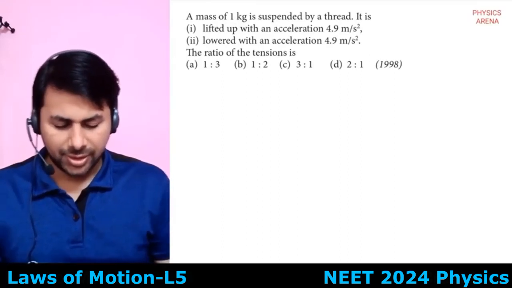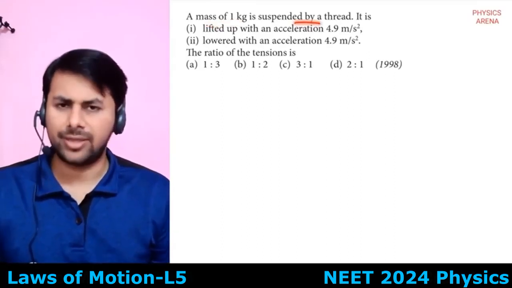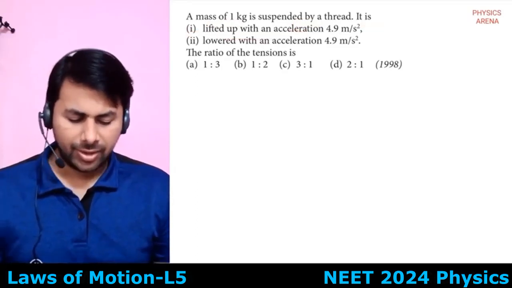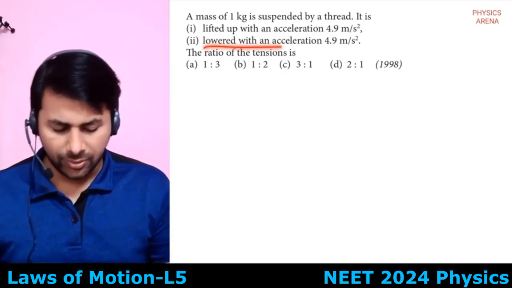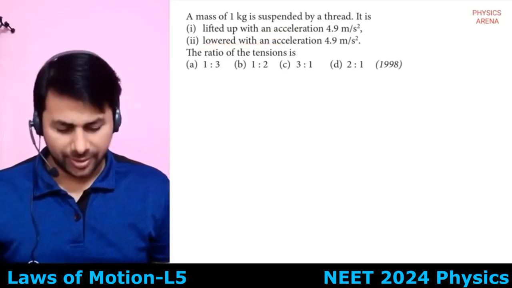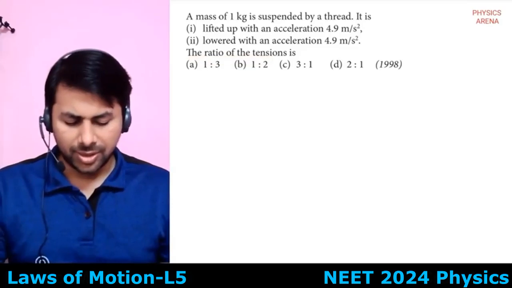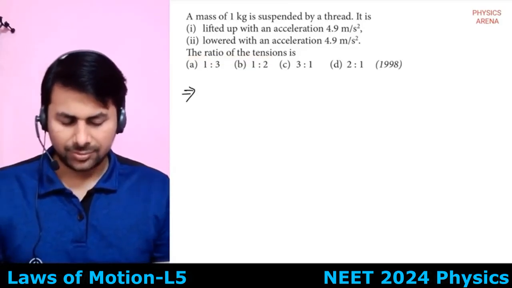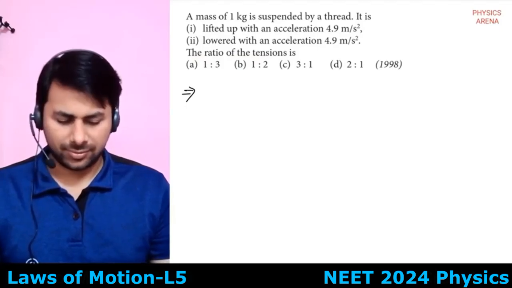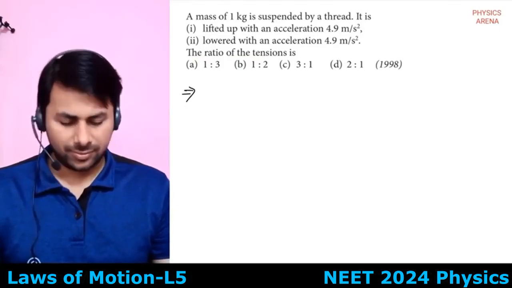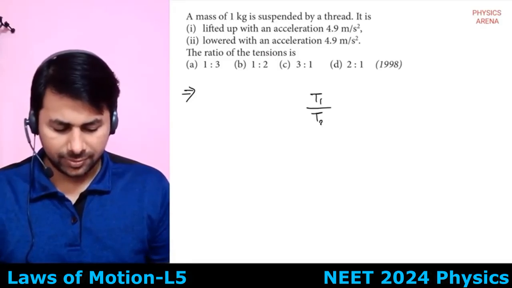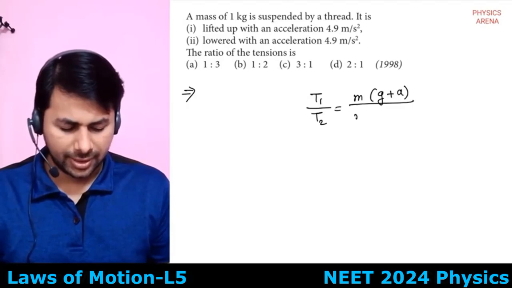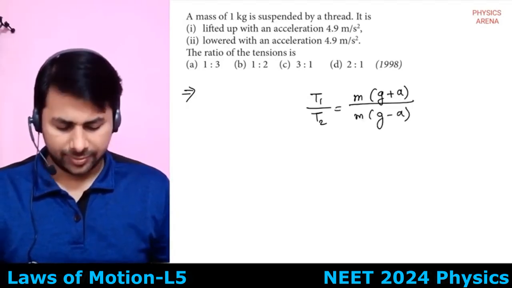All right. Next question. A mass of 1 kg is suspended by a thread. It is lifted up with an acceleration of 4.9, and lowered with an acceleration of 4.9 meters per second square. The ratio of the tensions is, tell me. M into (g plus a), and this is M into (g minus a).